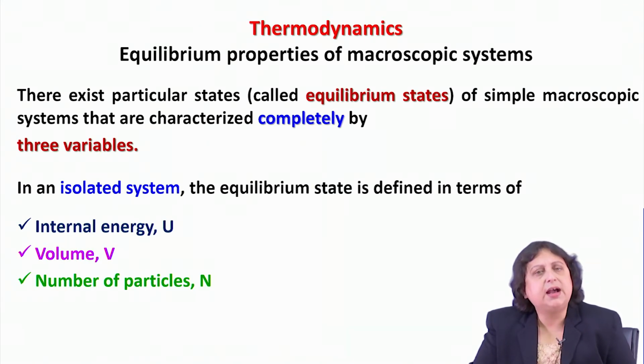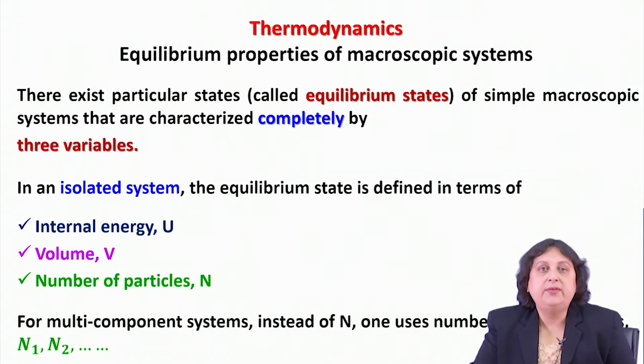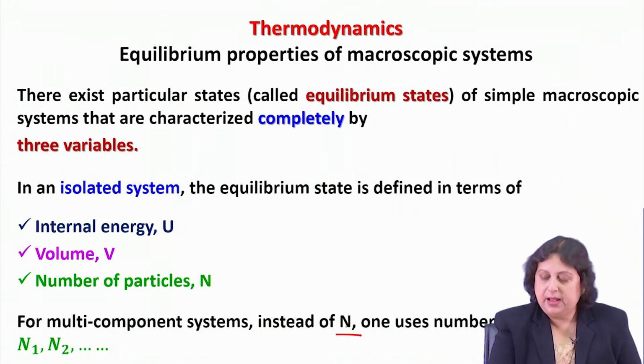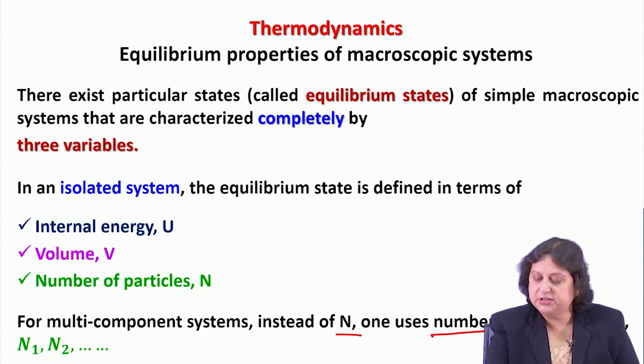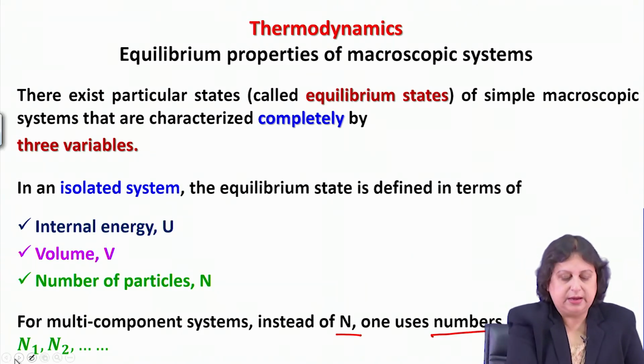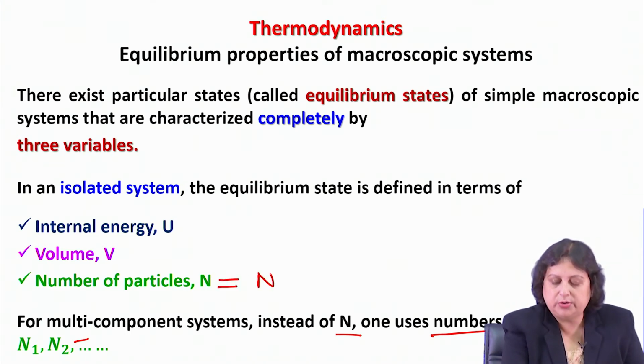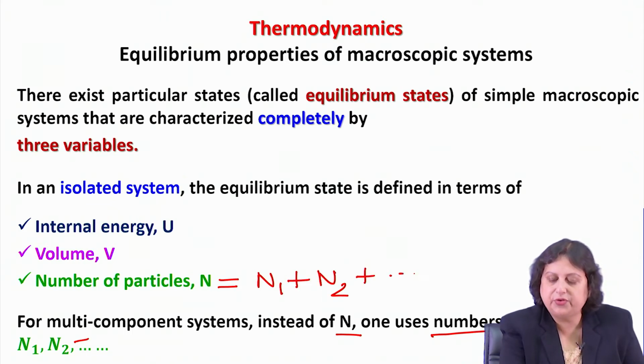But you can obviously ask me what happens if I have a mixture of gases inside that cylinder? In that case, instead of one single number N, I am going to use numbers of each species like N1, N2 and N3 etc., such that N would be equal to N1 plus N2 and so on and so forth.